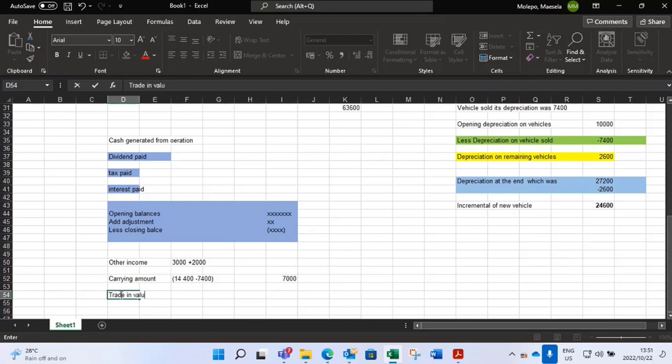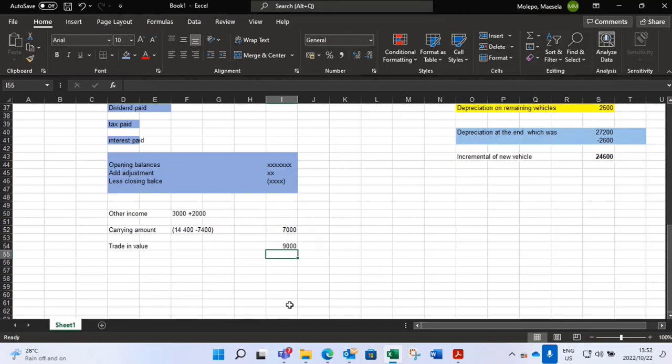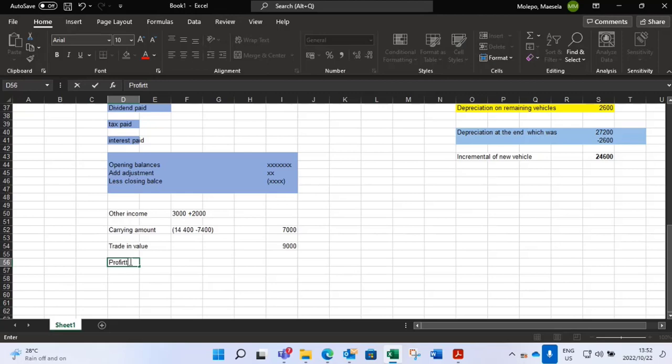There's a difference of 2,000. So this came in the form of cash, right? Yeah. It was a profit on sale of asset. On sale of asset is 2,000.